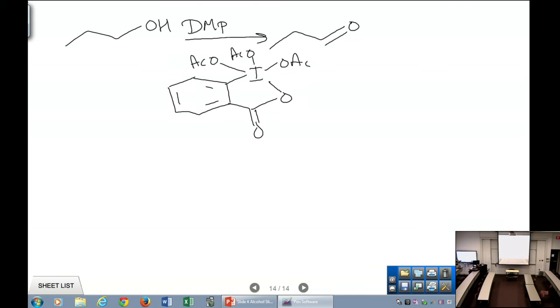It's an iodine that has three acetates on it, and then is attached to an aromatic ring, and then to another oxygen to make this weird five-membered ring structure.